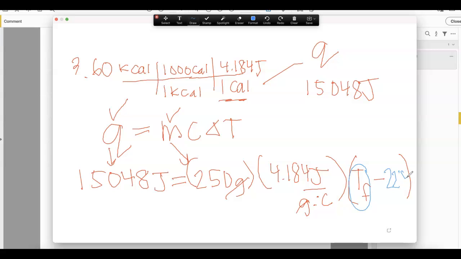All right. So what can I do? I can divide both sides by these numbers right here, right?